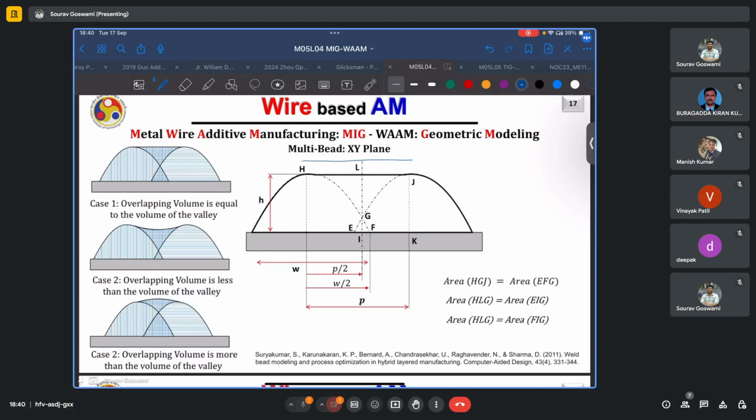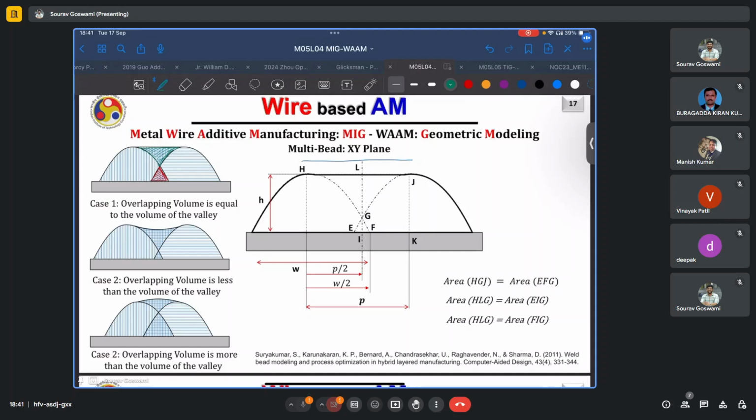And it is proposed that such an outcome will be achieved only in the case when the overlapping volume is equal to the volume of the valley, or this overlapping volume, which is common to both of the beads that I have highlighted in red, is equal to the volume that is encapsulated in this valley between the two beads, which I have highlighted in green.